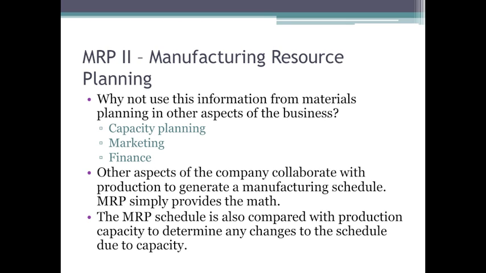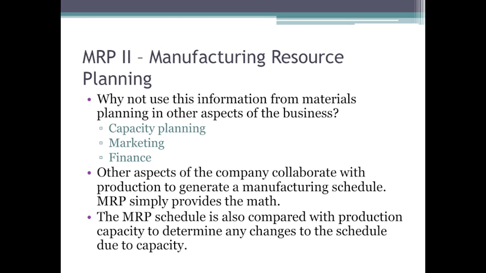The idea is that you take the information from original MRP, Materials Requirements Planning, and you have other people within the business have access to this information. You have people within marketing have access to this information so that they can get together with clients.